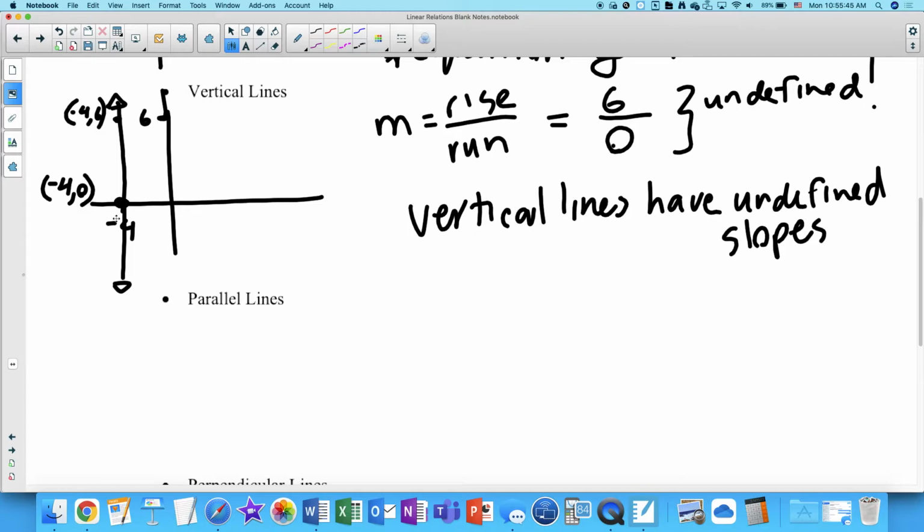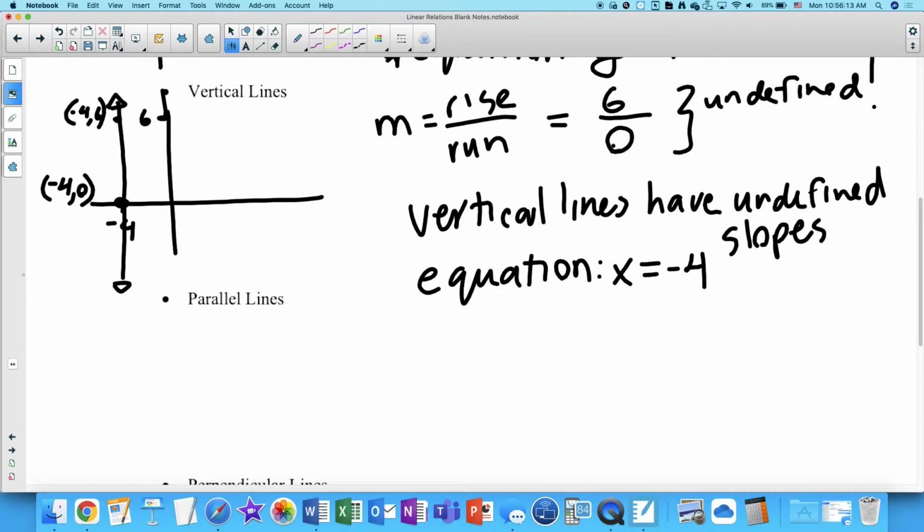Yes. The equation is now x equals a number. In this case, -4. Because, again, it doesn't matter where you are vertically, you just have to horizontally be at -4, not 4, okay? So in general, the equation is just x equals some number. That represents a vertical line.